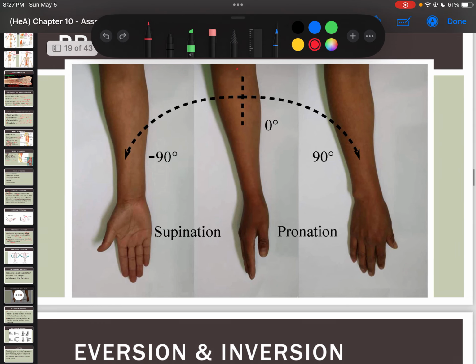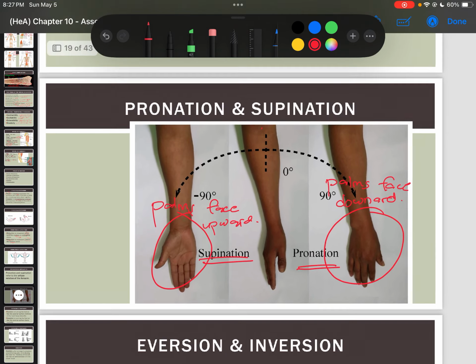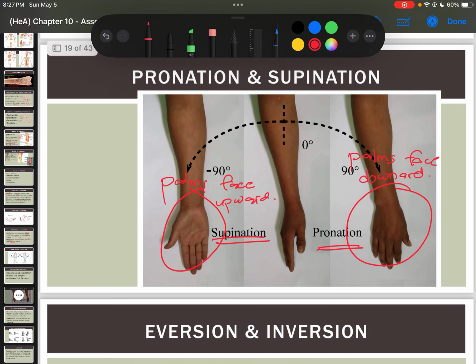Now, when you pronate it, you will turn your forearm 90 degrees, wherein the palms face downward. That is for pronation. Whereas when we rotate it the other way, 90 degrees again, that is now supination, wherein the palms face upward. Okay? That is the difference between pronation and supination.